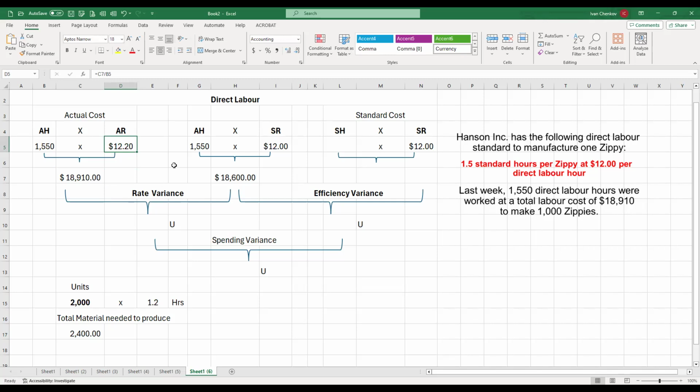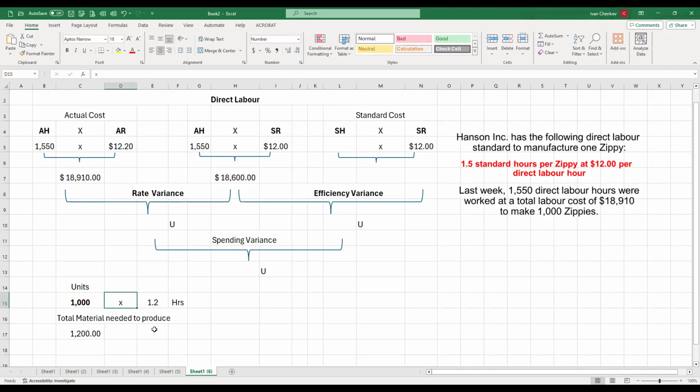The last number that is left is the standard hours. Which standard hours do I need? The standard hours to use for production, correct? How many units do I produce? 1,000 units.